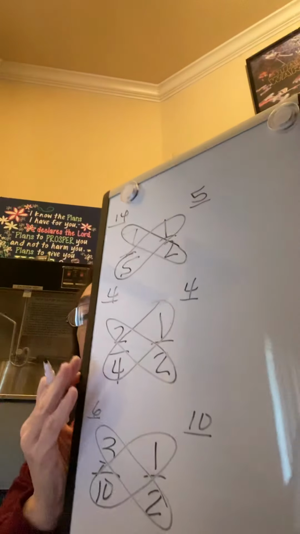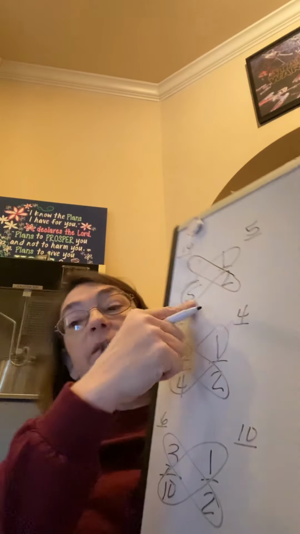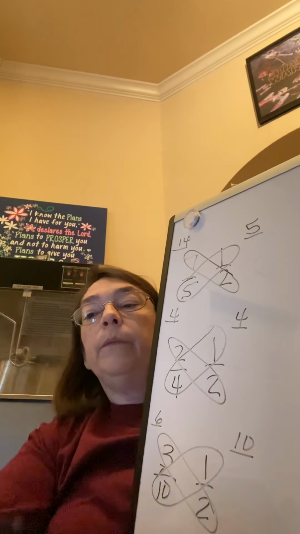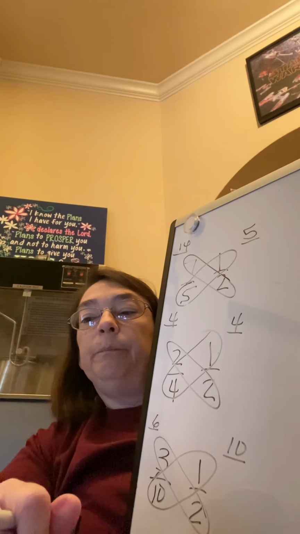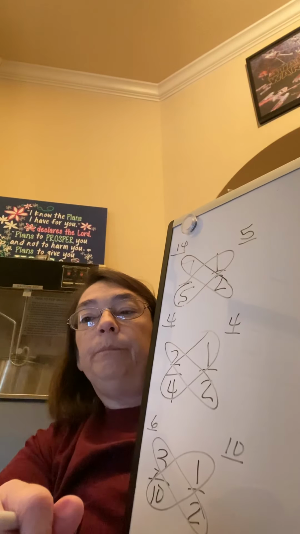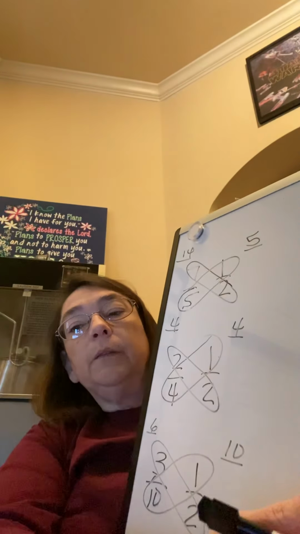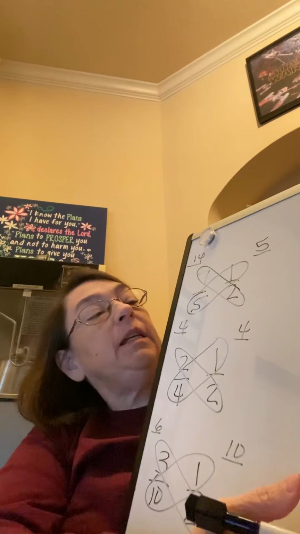All right, so looking at the very first one, is 1/5 or 7/5 bigger? Help me out, guys. Which one's bigger, the 14 or the 5? The 14 is bigger.